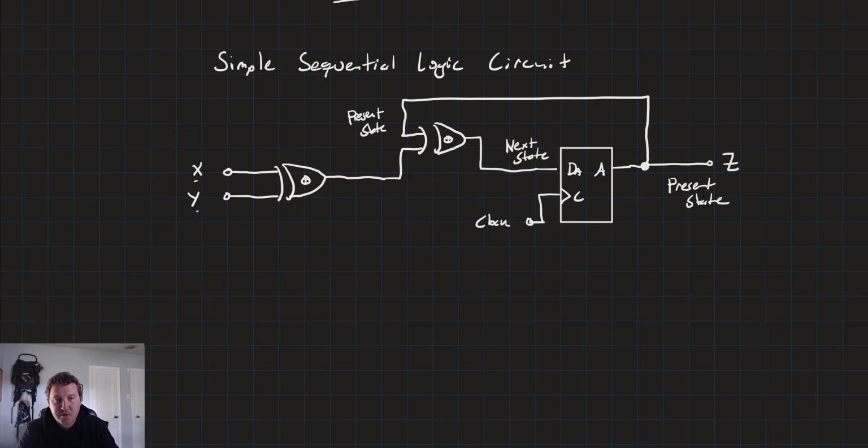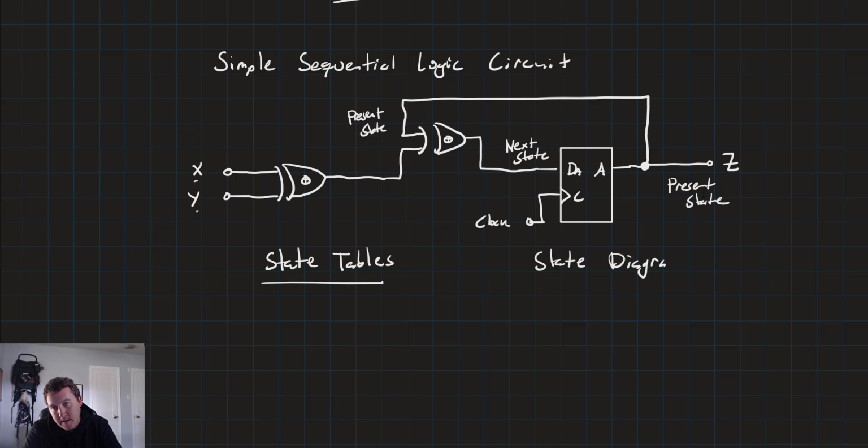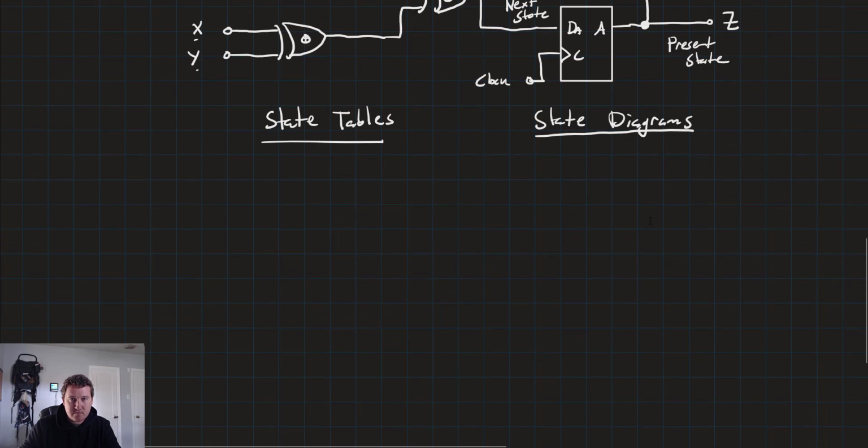Now, we have it represented here as a sequential logic circuit diagram, but just like before we had truth tables, we want to be able to draw state tables, and we want to add state diagrams.